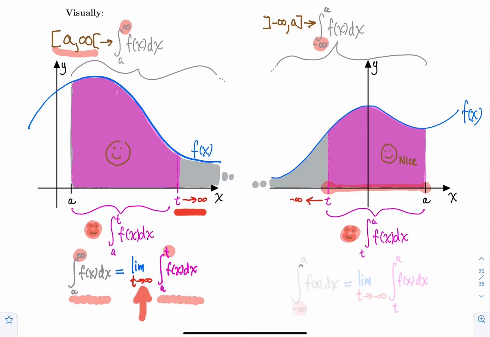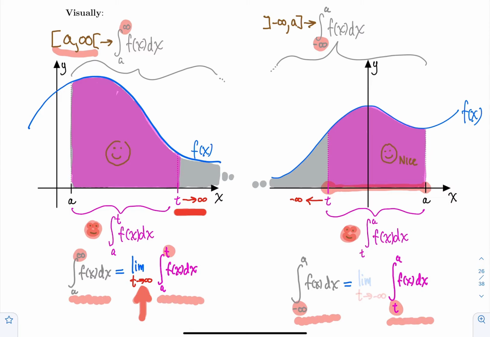So we're trying to compute the integral from minus infinity to a of a function f of x dx. Again, the problem is the minus infinity bound. So what you do is you first compute the definite integral from t to a of the function f of x with respect to x.